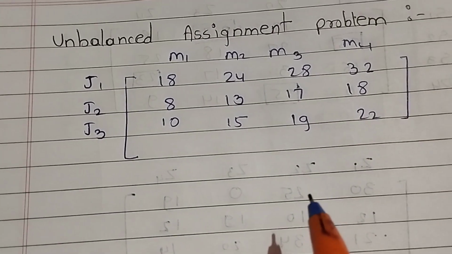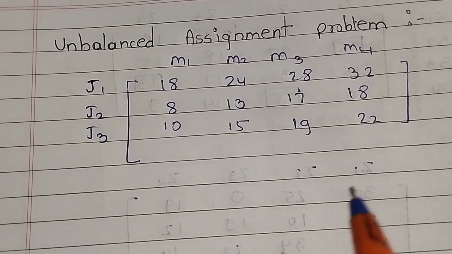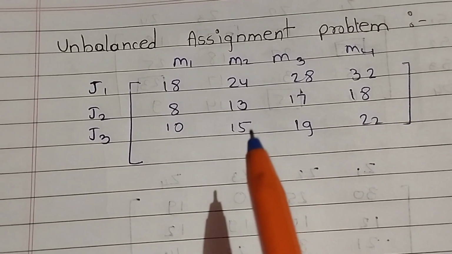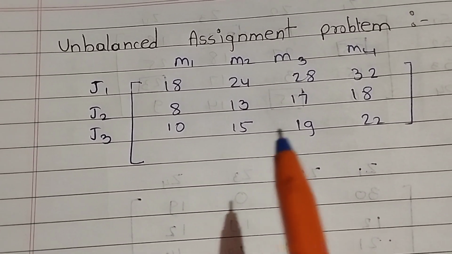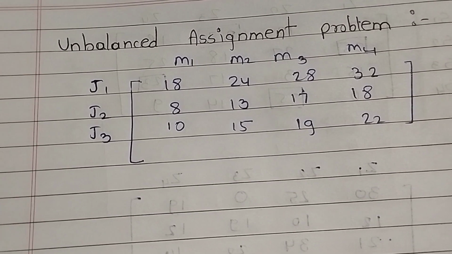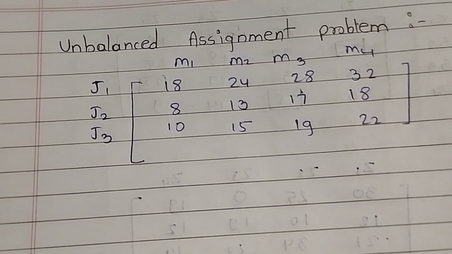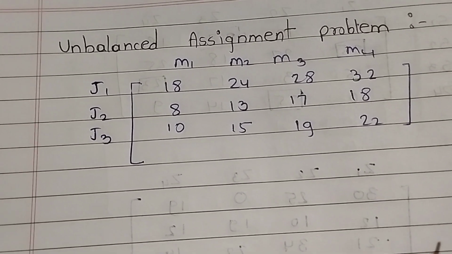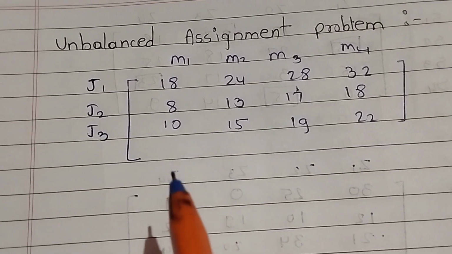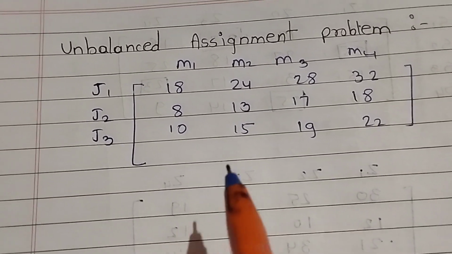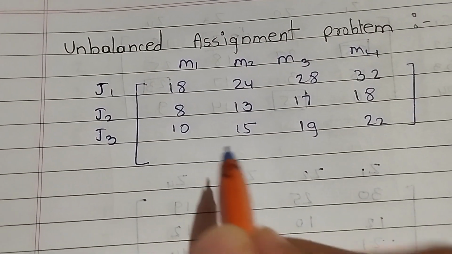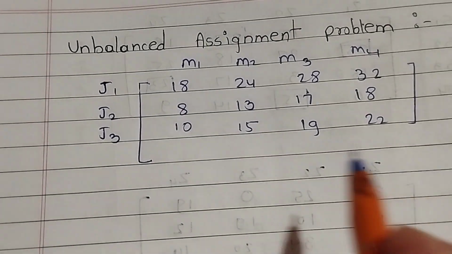So the first step to solve the unbalanced assignment problem is to convert it into a balanced assignment problem, and for that we add one dummy row or column. When we add a dummy row or column, all its values are 0.